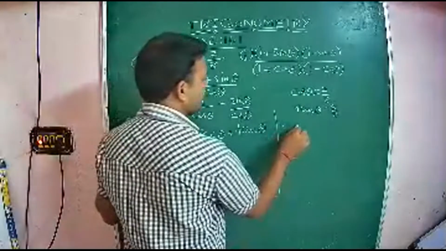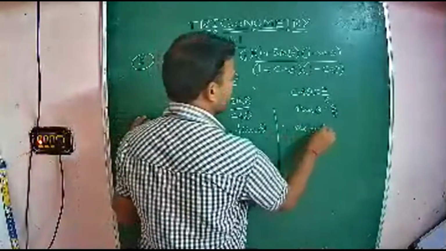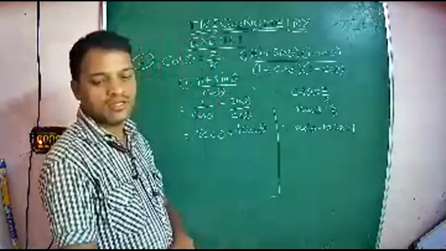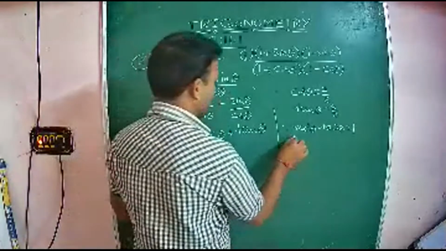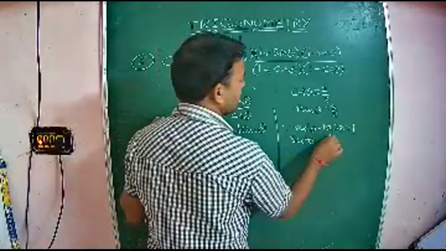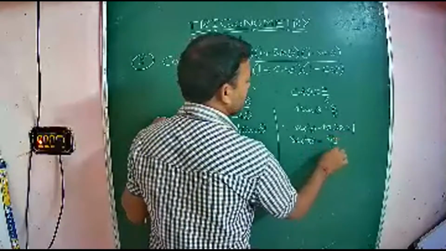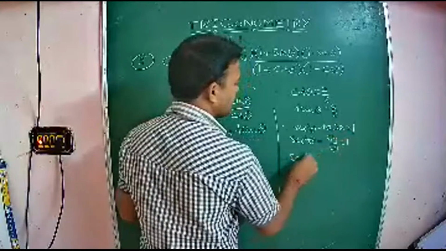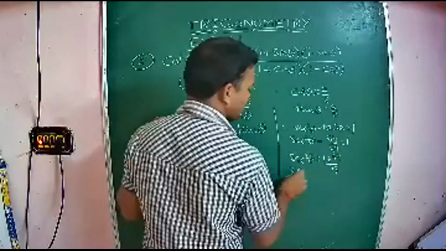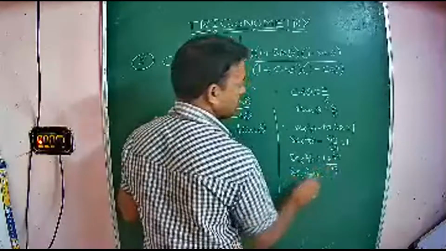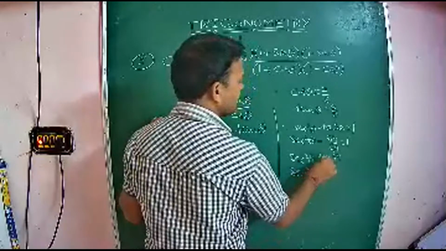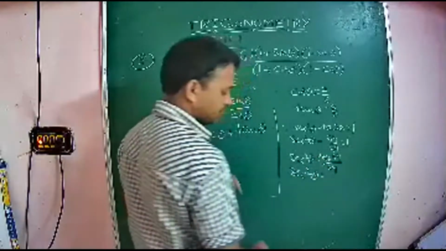Suppose we use the identity secant square theta minus tan square theta equals 1. Using that, secant square theta minus tan square theta, with tan square theta being 64 by 49, equals 1. So secant square theta equals 1 plus 64 by 49. After LCM, this is 49 and this is 64.